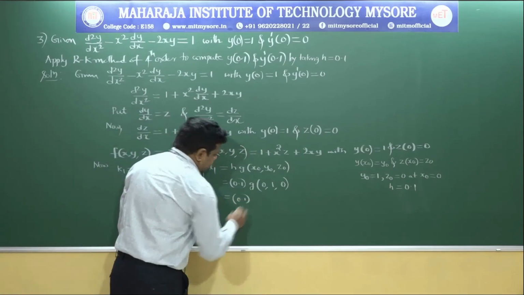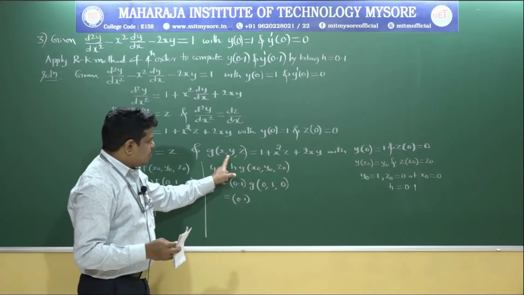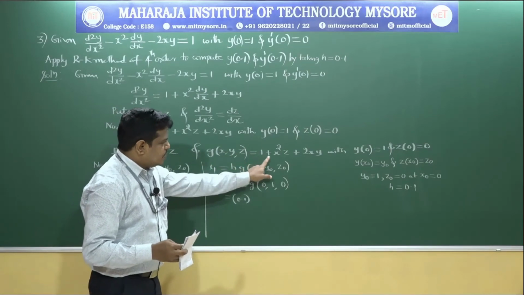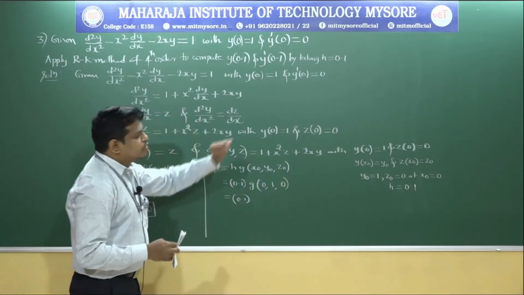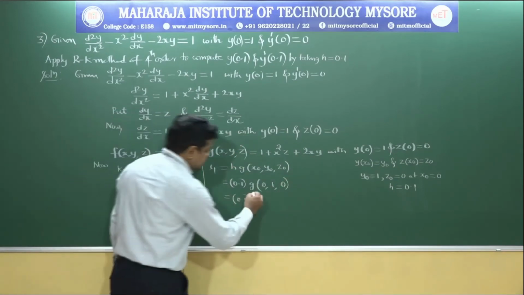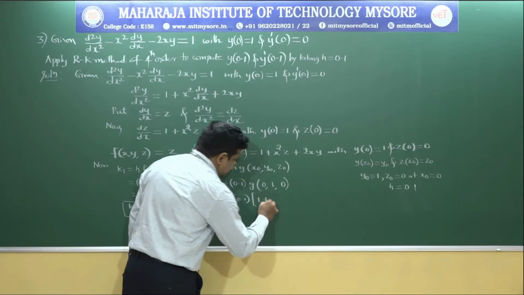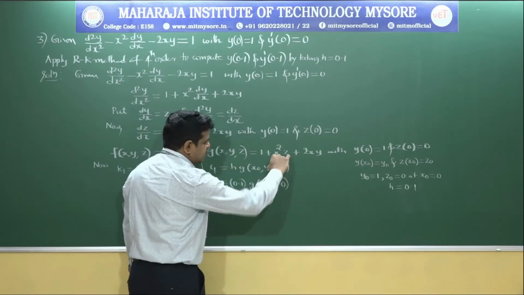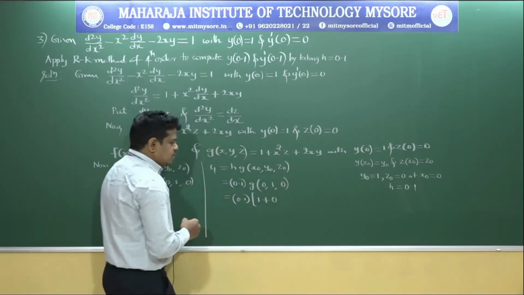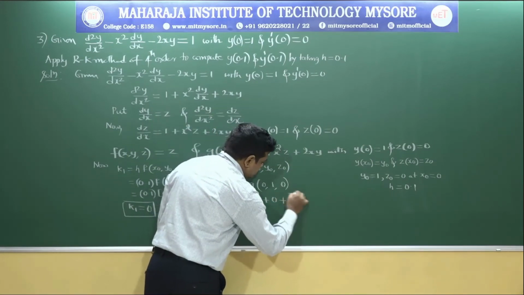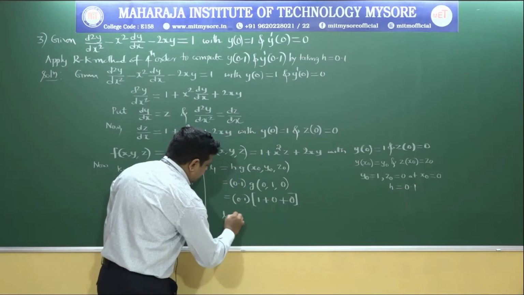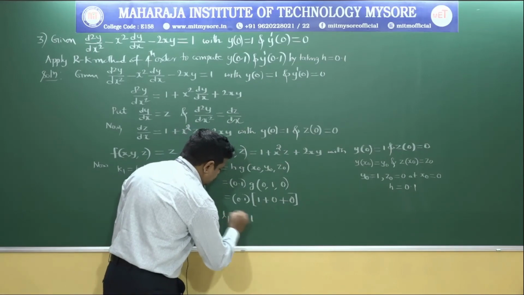It is 0.1 into, we know that g of x comma y comma z is 1 plus x square z plus 2xy. Now we need to replace the values of x, y and z. 1 plus second term becomes 0 since x and z are 0. Again the third term also becomes 0 since x is 0. Therefore we get L1 as 0.1.